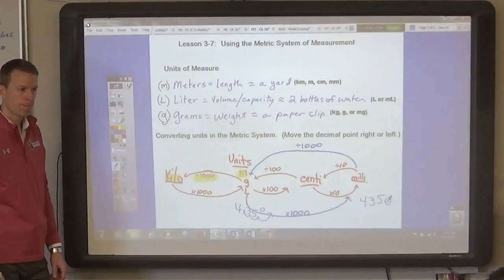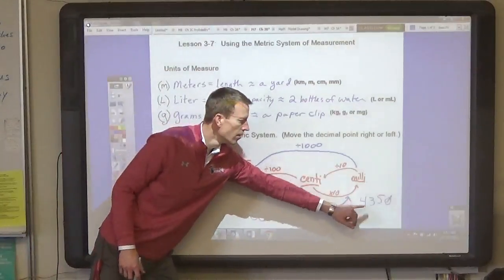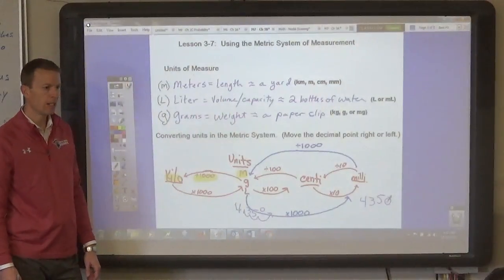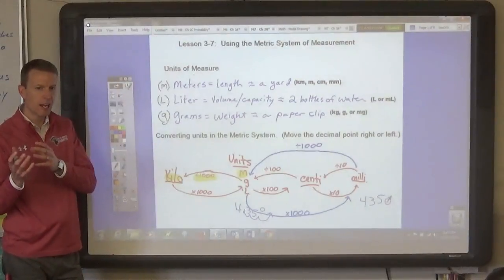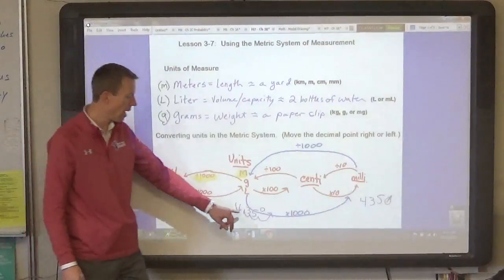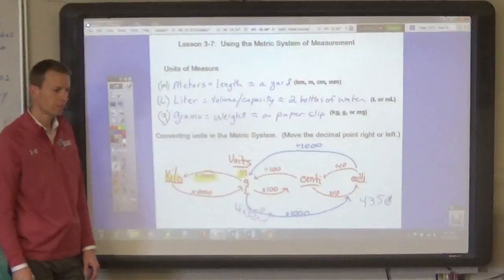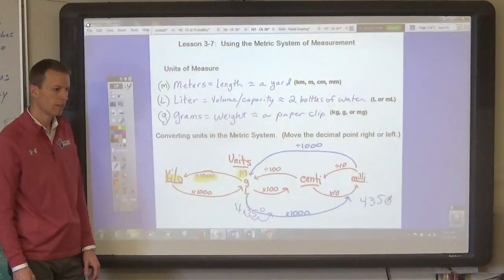Okay? Simply by moving the decimal point over to the right, we can convert that to milliliters. Milliliters are 1,000 times smaller than liters, so we're going to have 1,000 times more milliliters than liters. Okay?